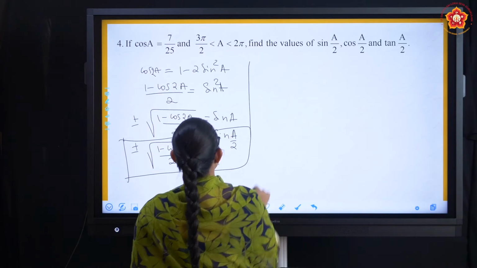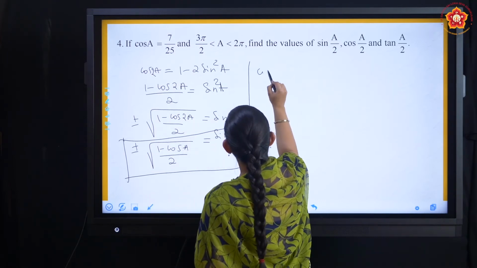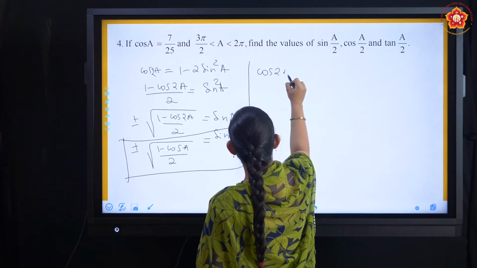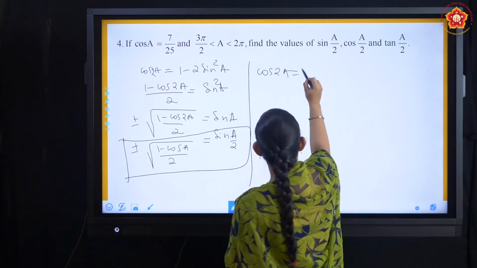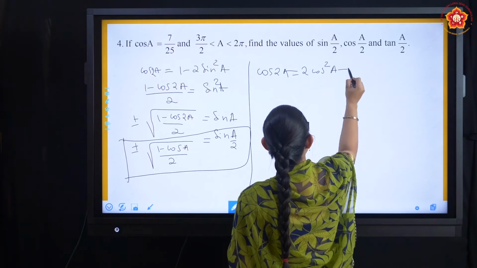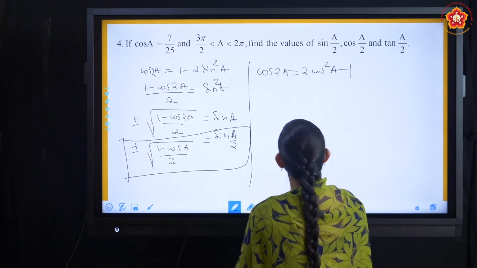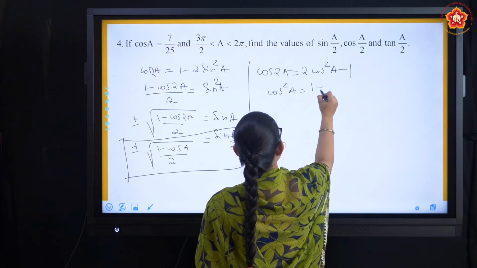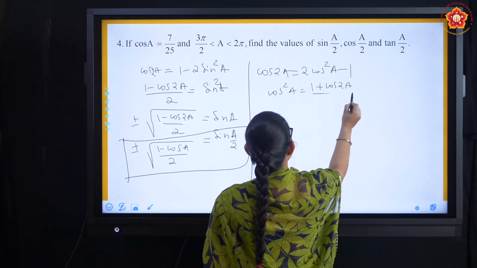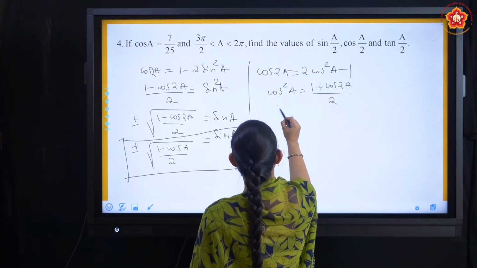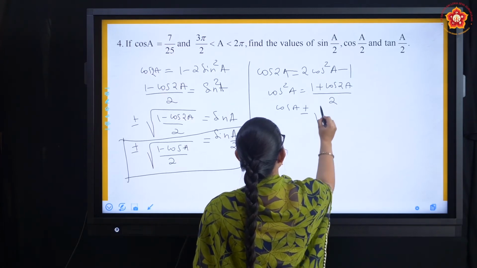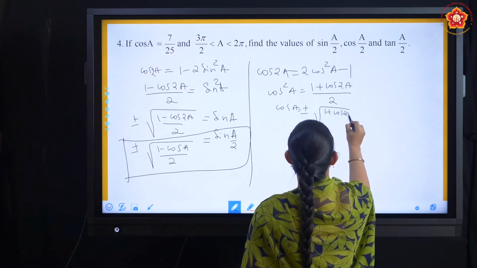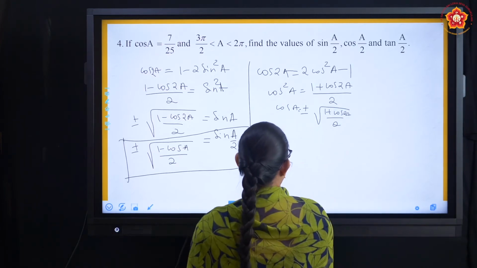Similarly, we can find out cos A by 2. So we are using the cos 2A formula in terms of cos, that is 2 cos square A minus 1. So what is cos square A? Cos square A is 1 plus cos 2A by 2, or cos A is equal to plus or minus square root of 1 plus cos 2A by 2.